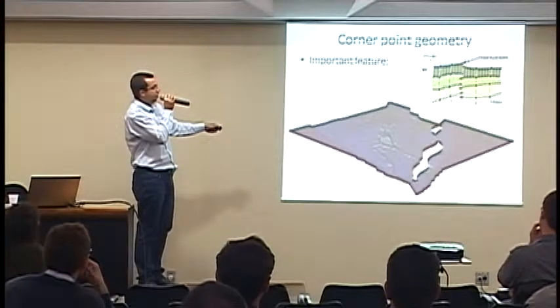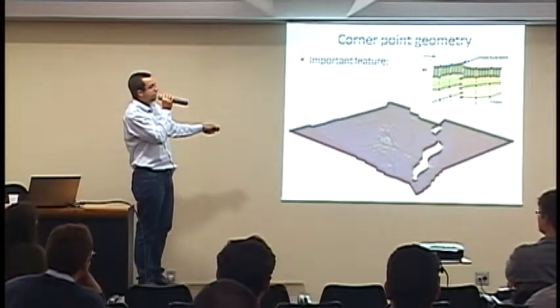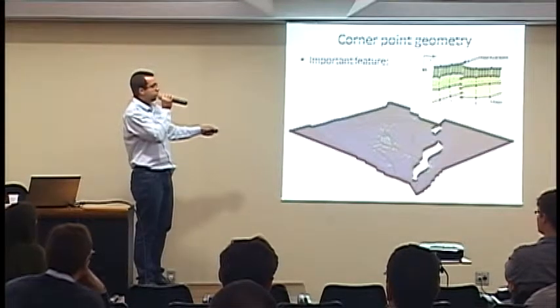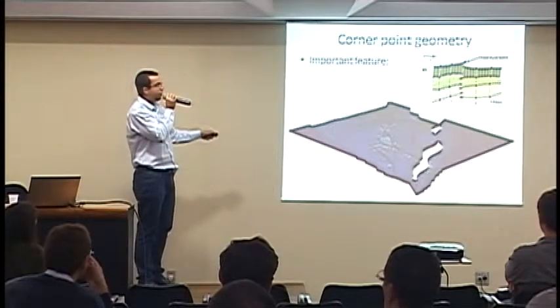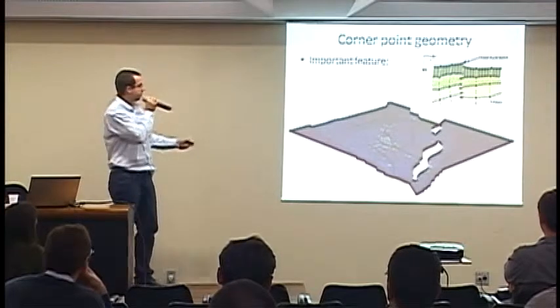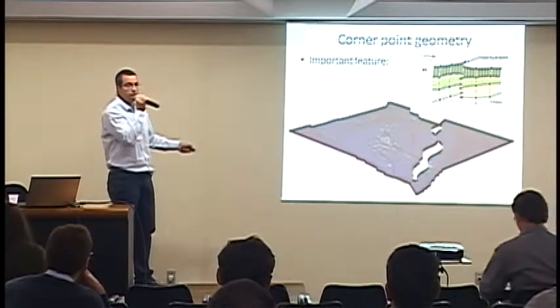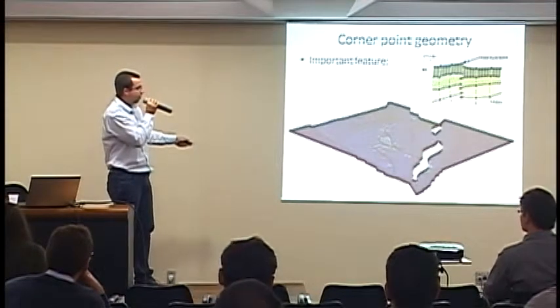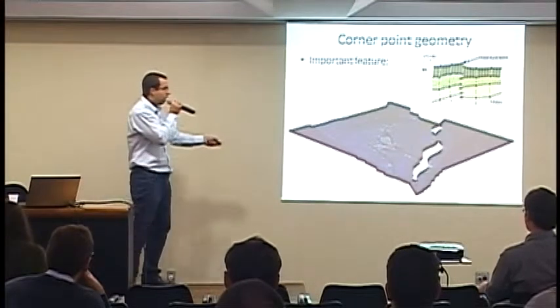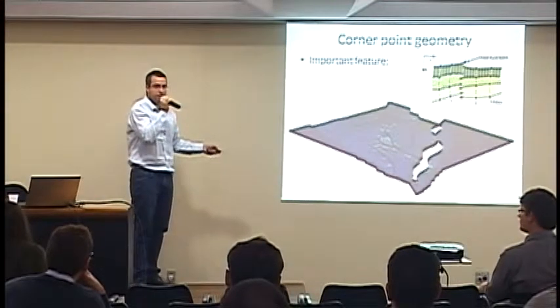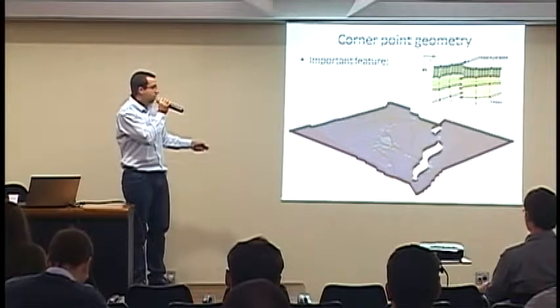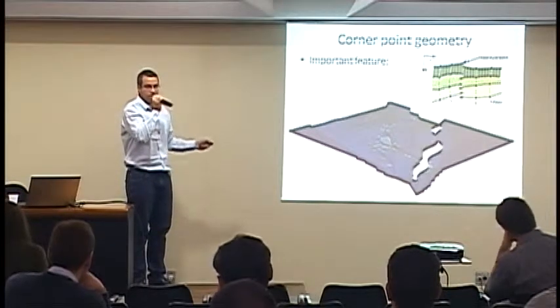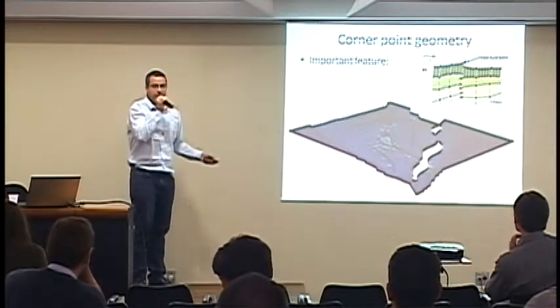Both of these corners have the same IJK index, although they have different X, Y, and Z coordinates. Here we have the real corner point model with a fault inside. At this moment, we are just concerned about the property values within the cells. We don't care about the fault itself. We just care about the geometry and its values.